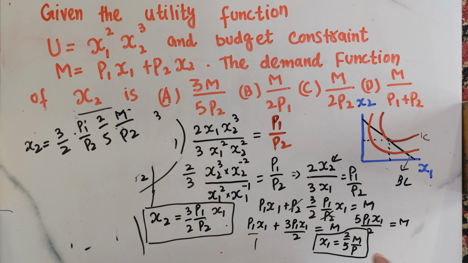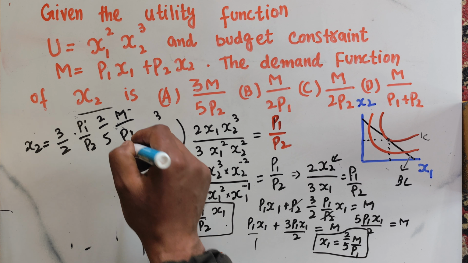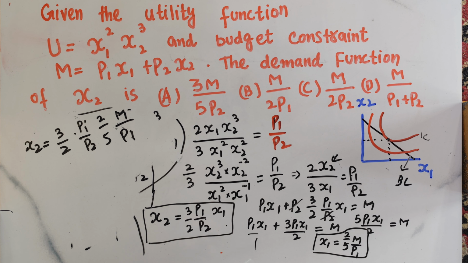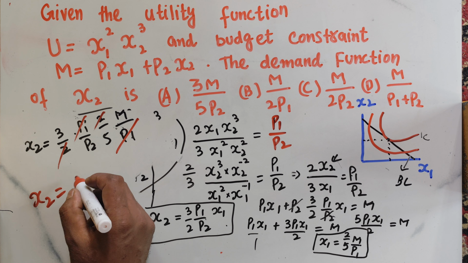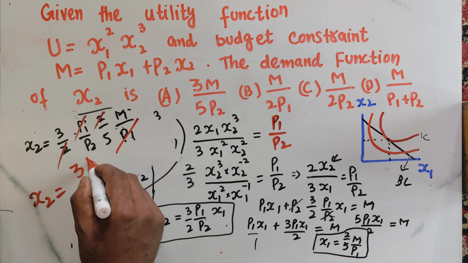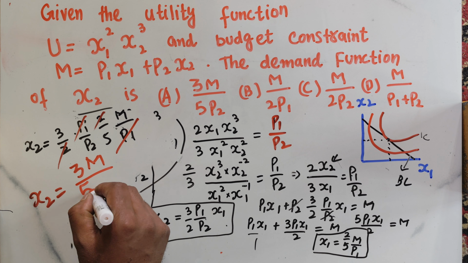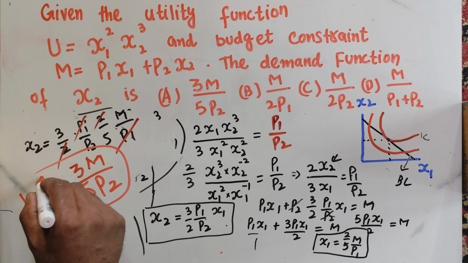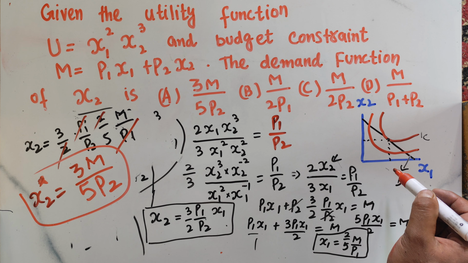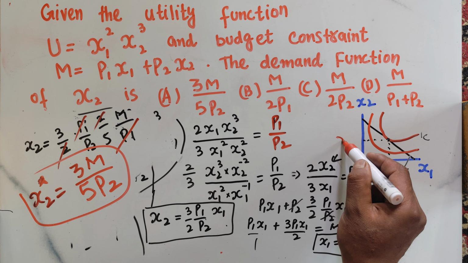Sorry, here it is p1. So p1 and p1 get cancelled, 2 and 2 get cancelled, so x2 will be equal to 3 times the income divided by 5 p2. This will be the demand function for good x2, which we were supposed to find.